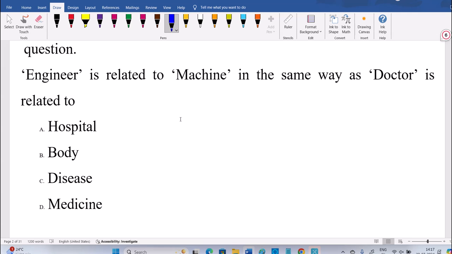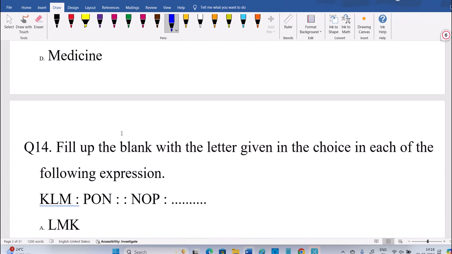So engineers will take care of the mission. Doctors will take care of the diseases. If there is any disease, they take care of curing those things. If there are any issues in the mission, engineers will come into the picture and try to resolve them. So doctor is related to disease, curing the disease.